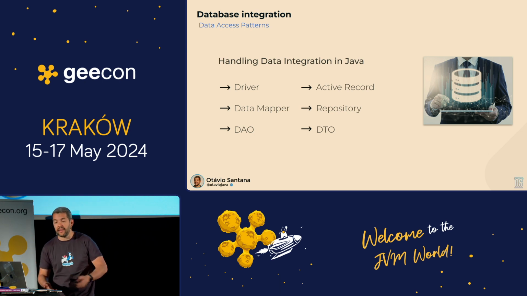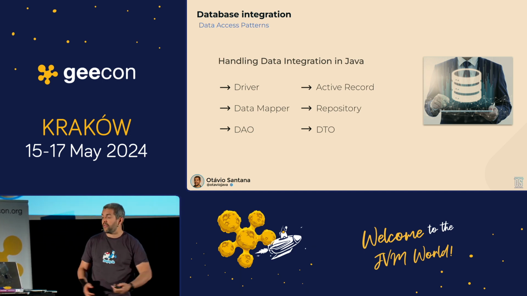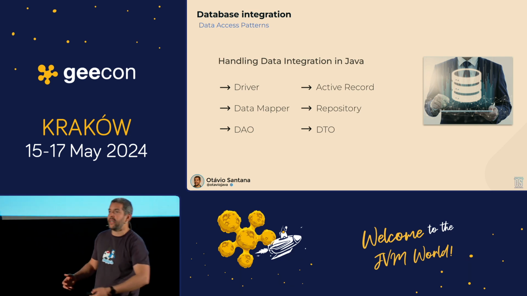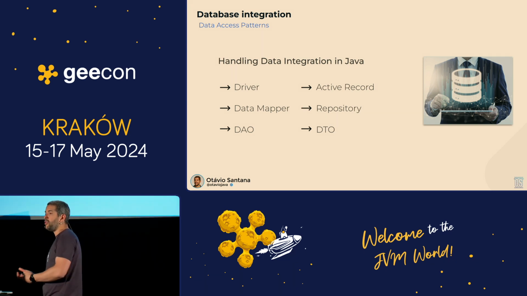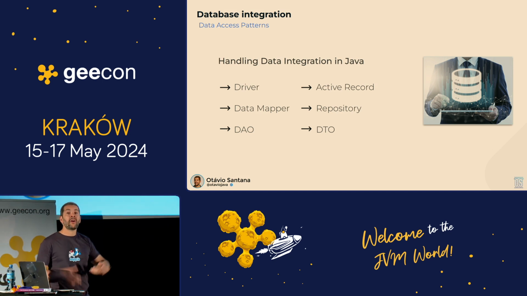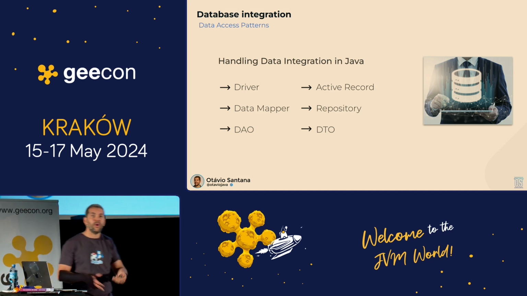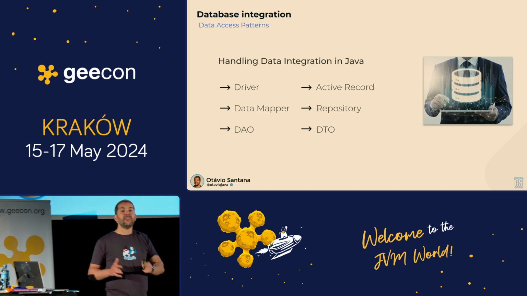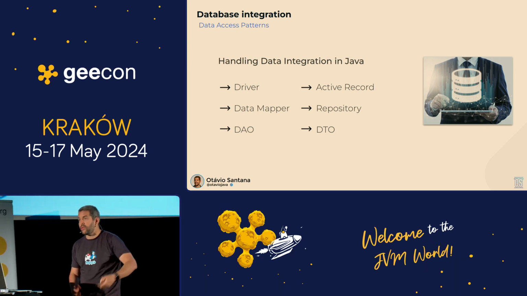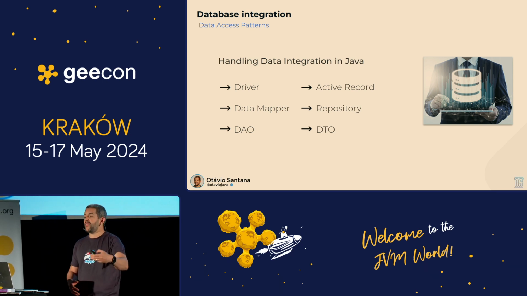Take here, for example, I will list only 6 database patterns. Of course, I won't have time to cover them one by one, especially because my main goal is to introduce the new specification. But as you can see here, those are common among databases. It doesn't matter if you're going to use SQL or NoSQL databases. So driver, this one is close to the database.